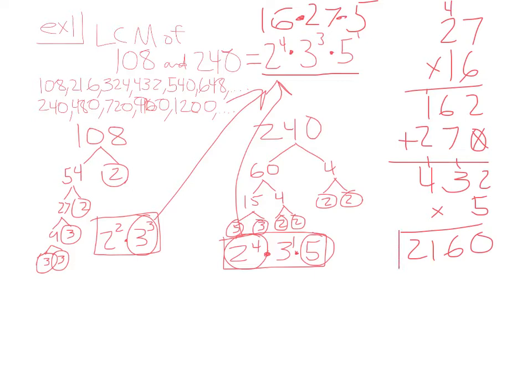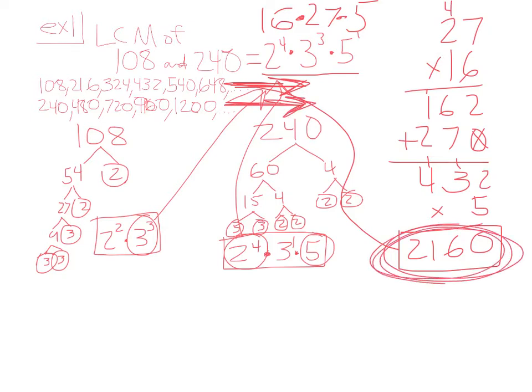There you go, 2160. And what you realize is if you continued this pattern all the way out and this pattern all the way out, they would both go into 2160. So that is the least common multiple. It's the first number that 108 and 240 both go into. And that's how you find it.